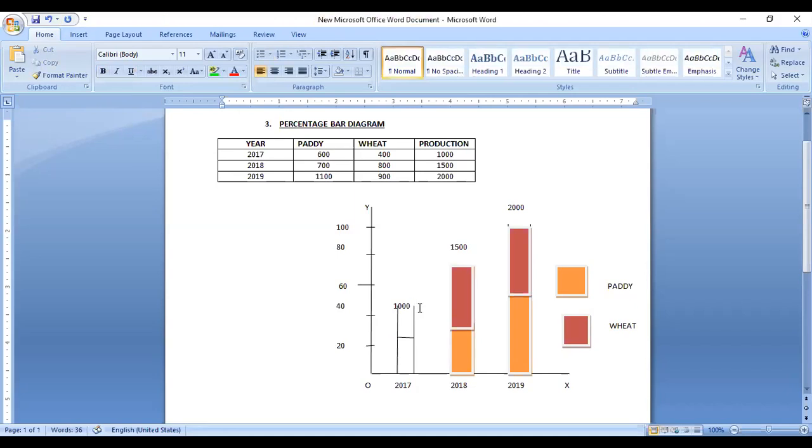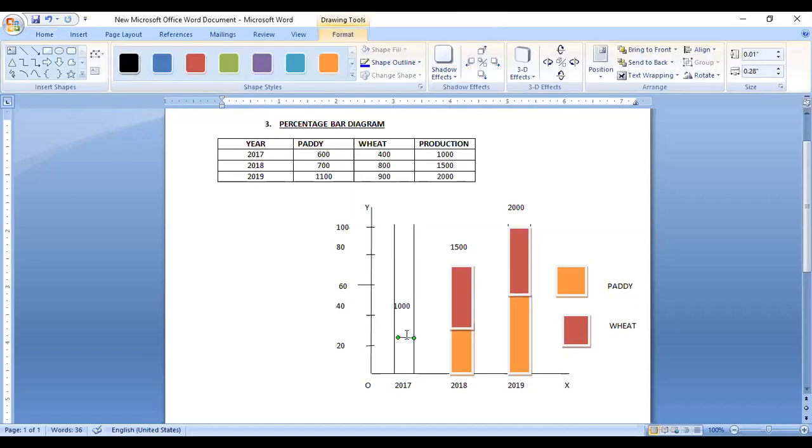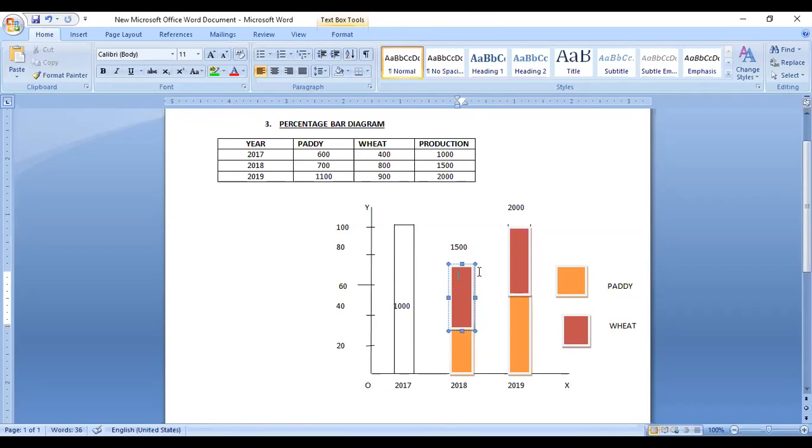I want to utilize the same bars. Similarly, this also I am changing.